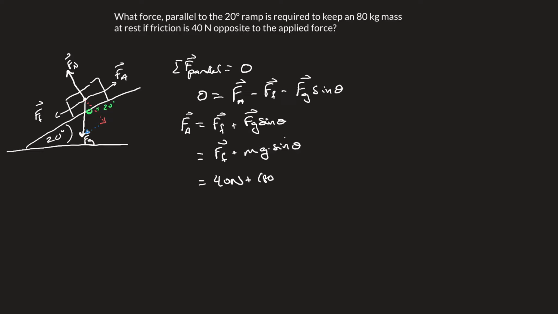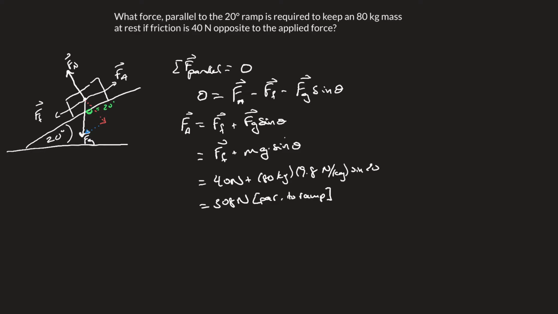We know our force of gravity, 9.8, sorry, that should be kilograms beside the 80. 9.8 newtons per kilogram, sine 20. And then we can solve all that in one step. That gives us 308 newtons. And the direction of this is parallel to the ramp. That's our Fa.